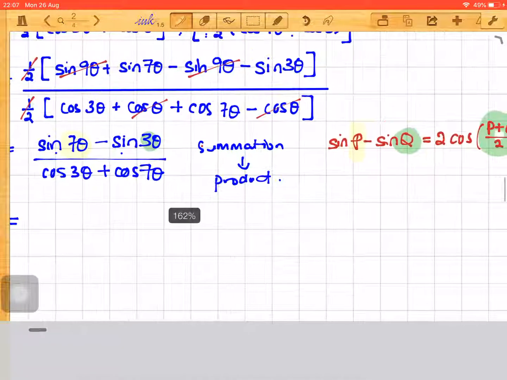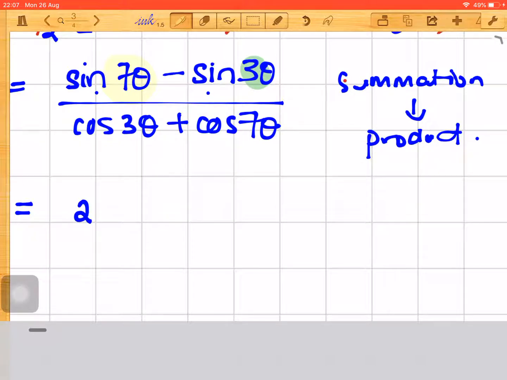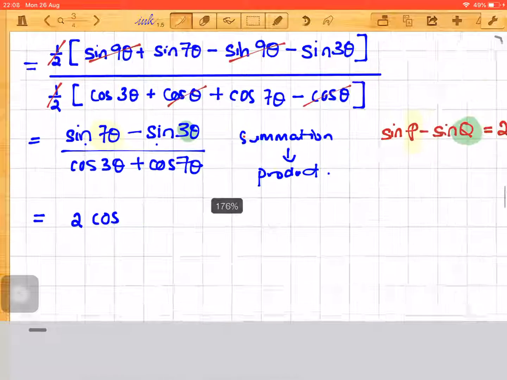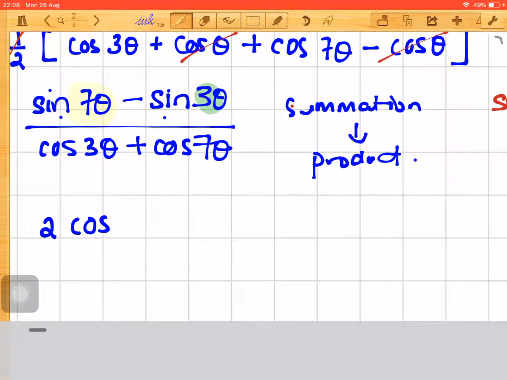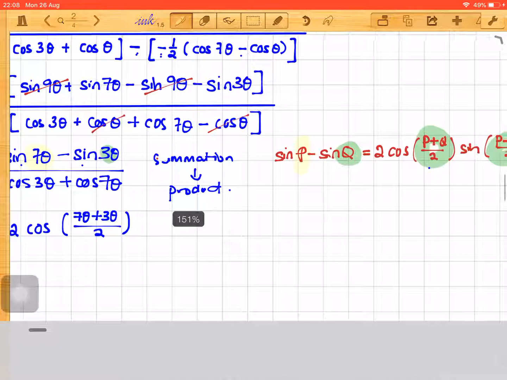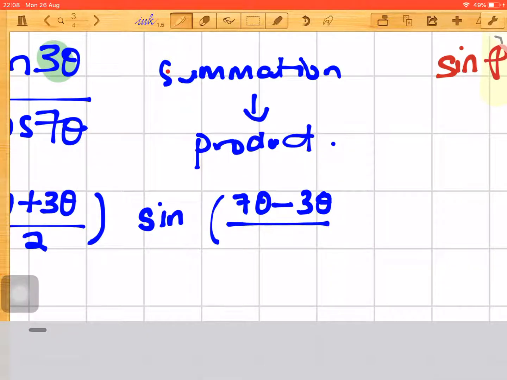So you have 2 cos (P plus Q) over 2, so 7 theta plus 3 theta over 2. Another one is P minus Q, sine (P minus Q) over 2.